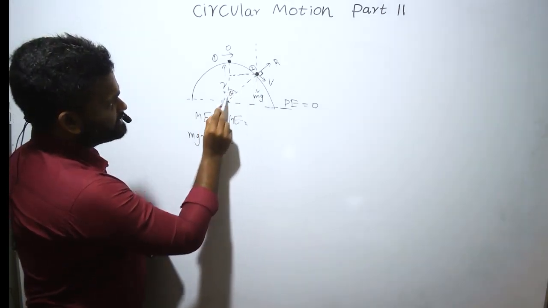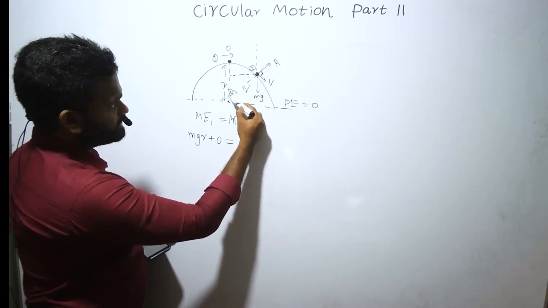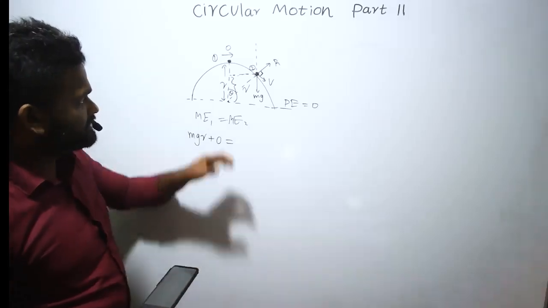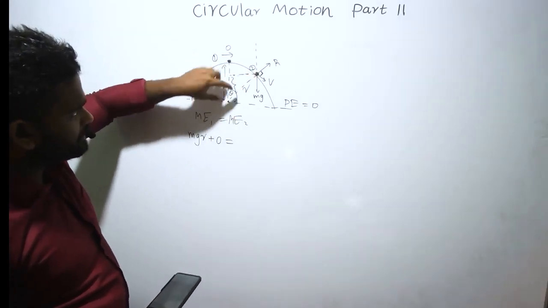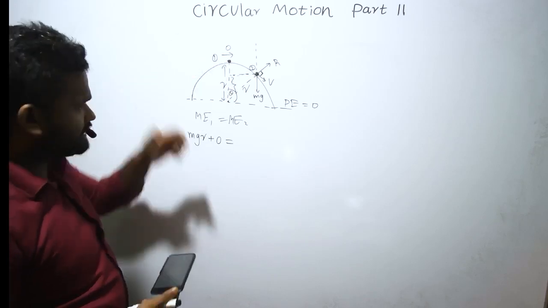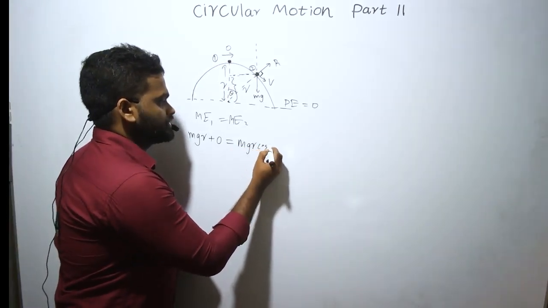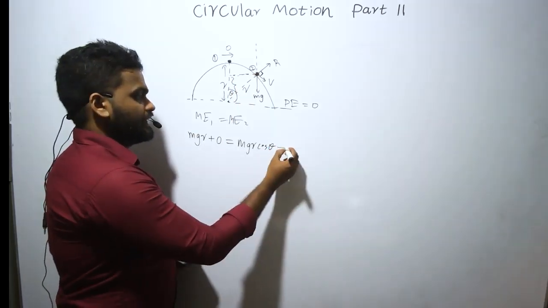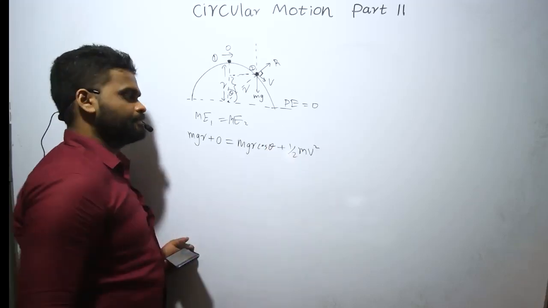You need to take this vertical height. You know that this radius is r, right? Vertical height is this much. So how do we find that? This is the adjacent side of this triangle. So you get r cos theta. So you get mgr cos theta, right, for this. Plus, then there's kinetic energy, half mv squared.